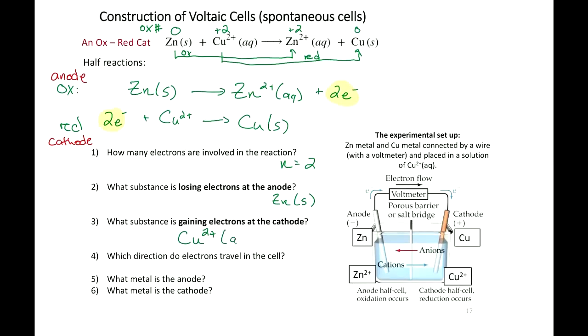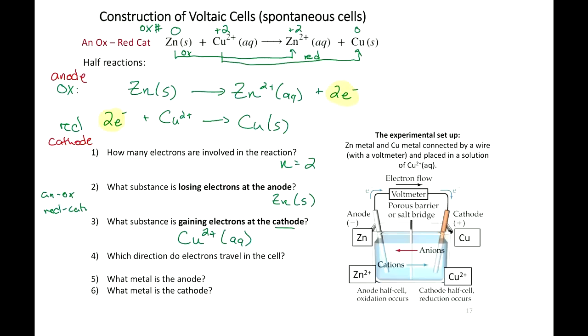Copper 2+ is what's gaining those electrons to become copper solid, and that's at the cathode. So remember, AN OX, RED CAT, if you ever forget. If I say anode, then that involves the oxidation reaction. If I say cathode, that involves the reduction reaction.